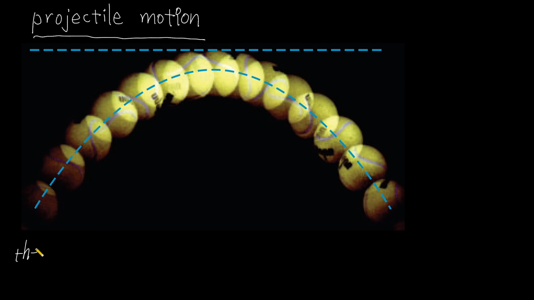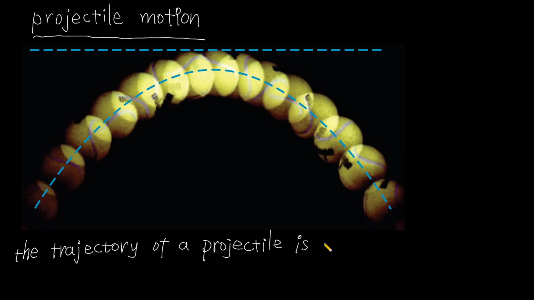So the trajectory of a projectile is the curve of a parabola.